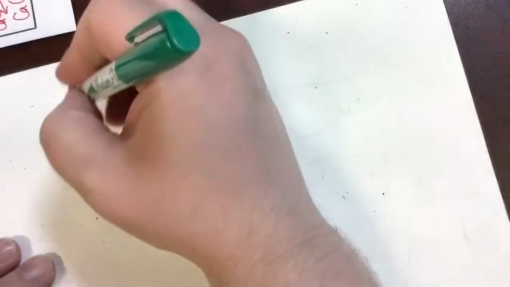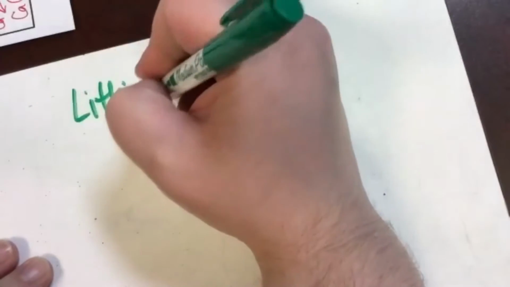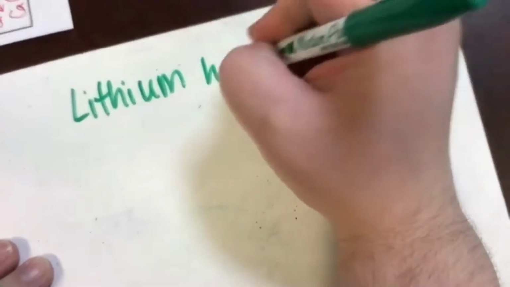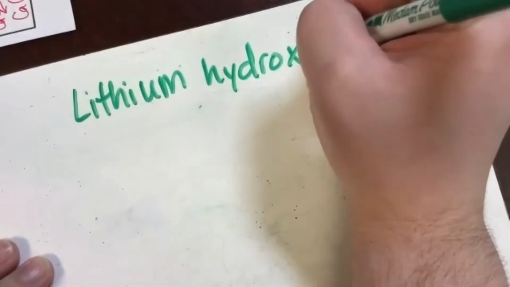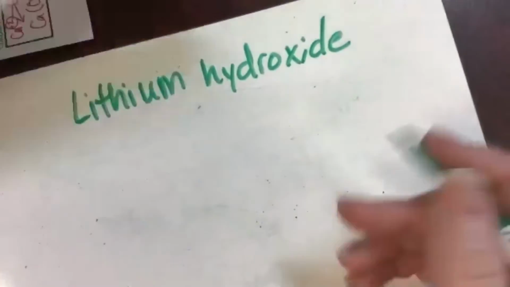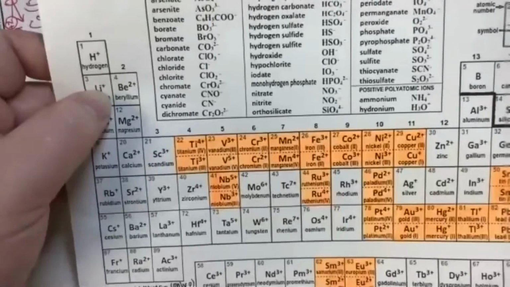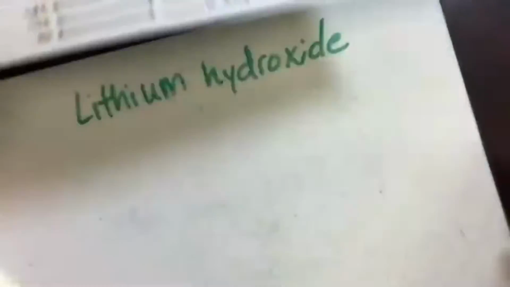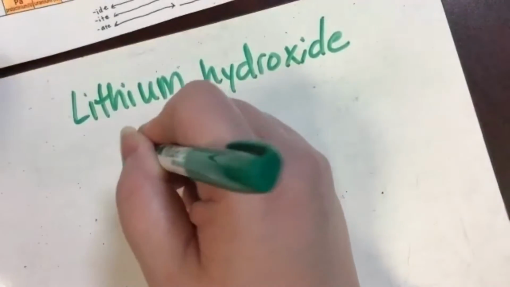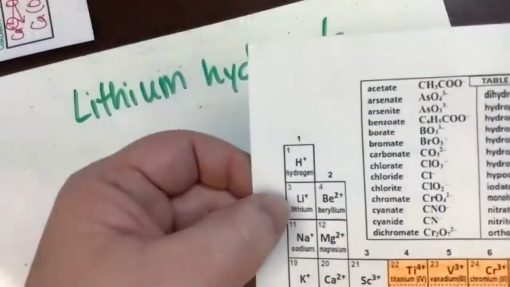The next one is lithium hydroxide. All right. Well, I know lithium is over here on the left side of the stair step, so that makes that a metal. So this is ionic. Okay, so lithium's charge is Li plus. There it is right there, Li plus.